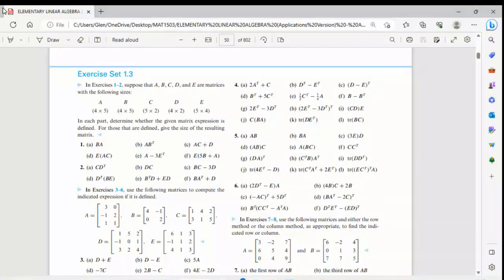Sorry, also I don't agree with 1/4A. You disagree with 1/4A? Which entry do you disagree with, brother? The second row, first entry. The -1/4, which is the first entry of the second row.